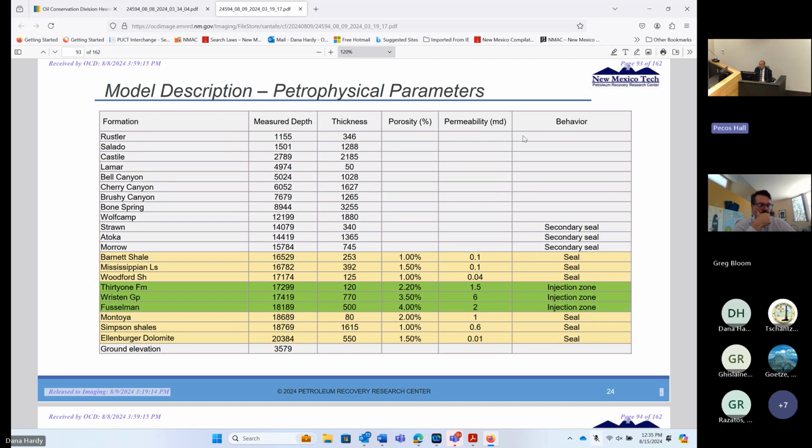It goes through your injection zone? Those wells, I believe so. I need to confirm that, but I believe so. The pressure, we average them out, as you see.